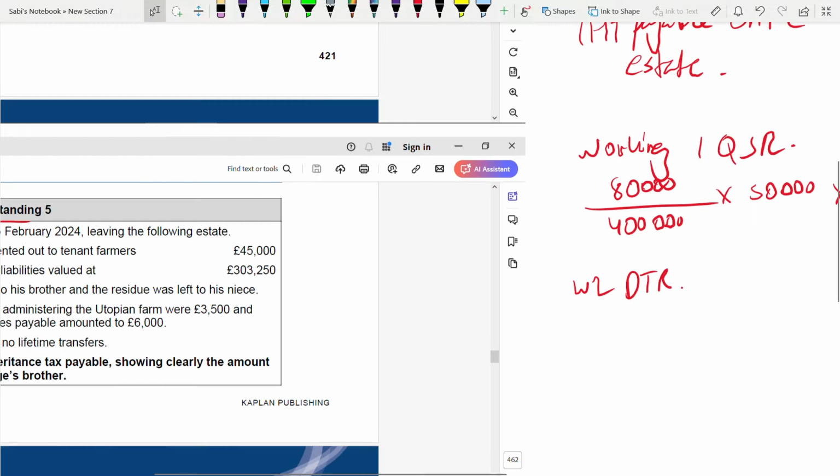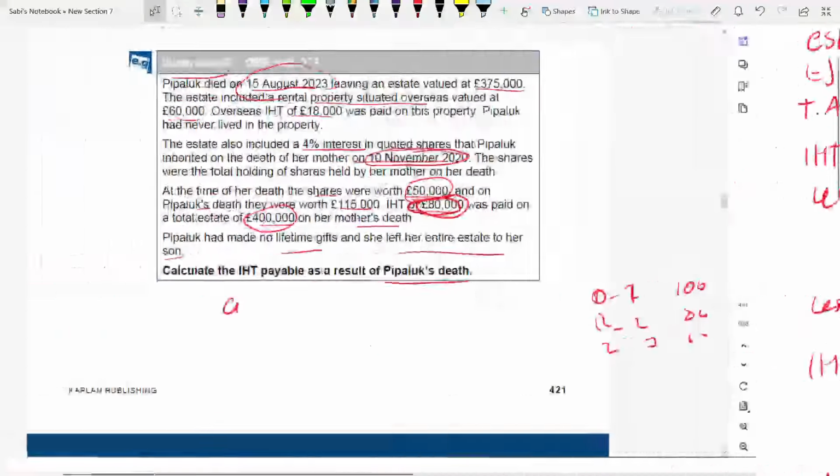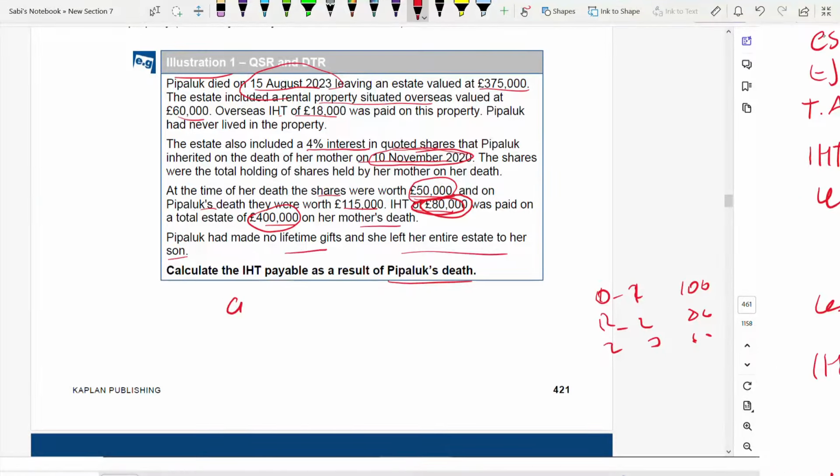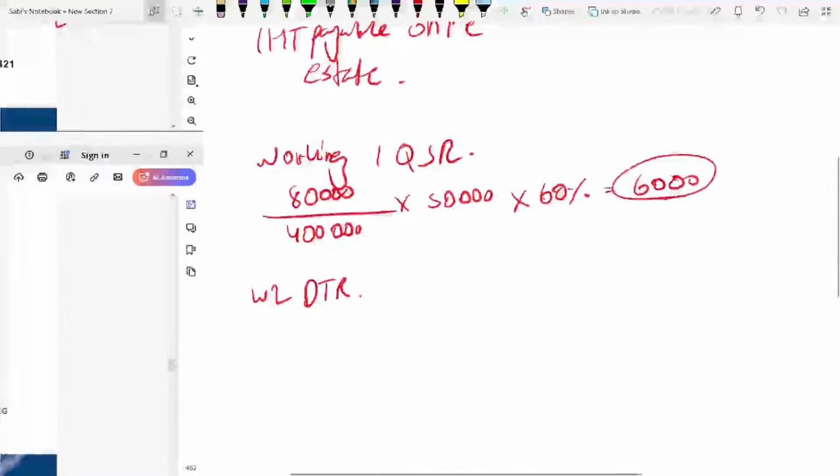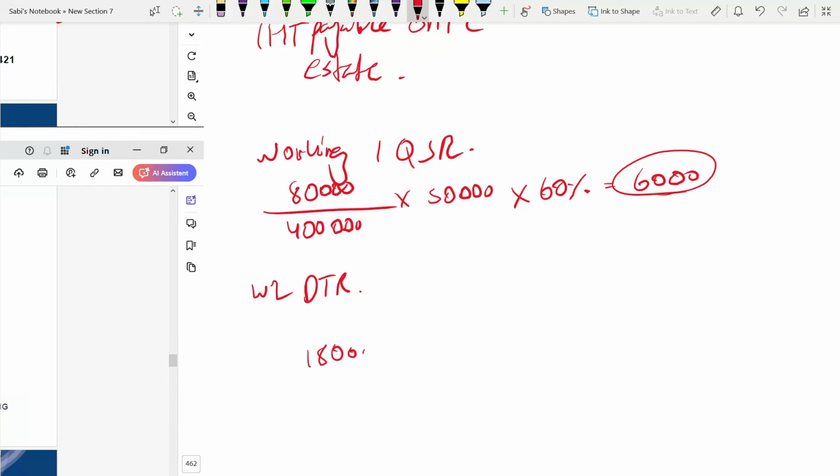They have already given you how much? 18,000. So 18,000 overseas tax. And what about UK IHT? You need the percentage, no? You need the rate of IHT, average estate rate, AER. Just now we saw.